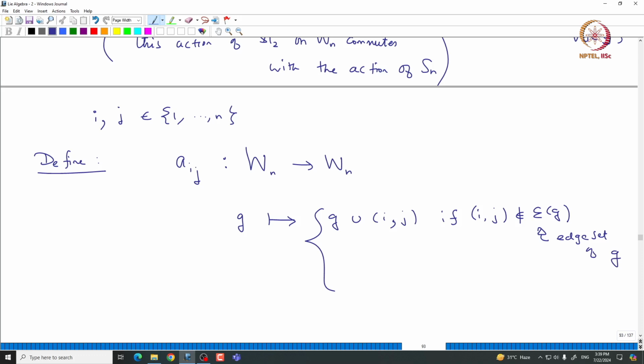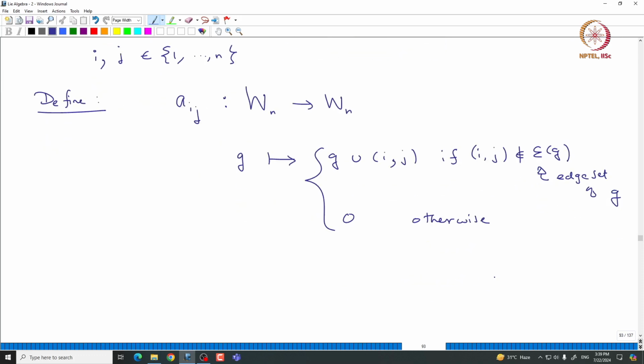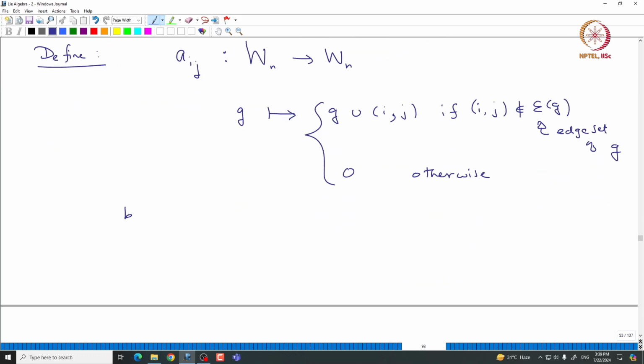Then you get a new graph which will have exactly one more edge than G. Otherwise, you send it to 0. And Bij is also naturally defined.